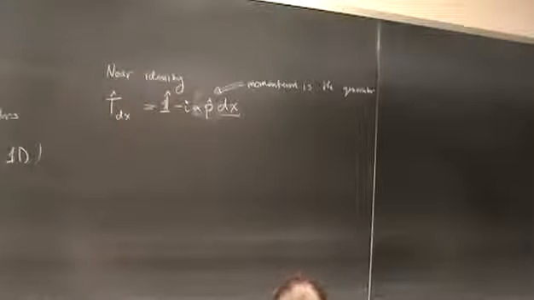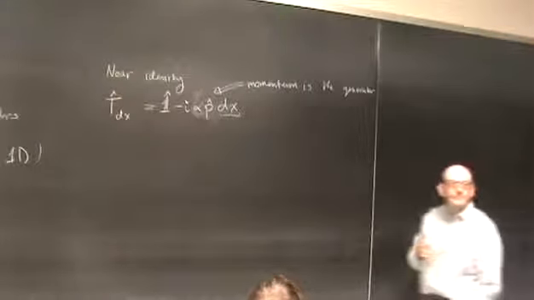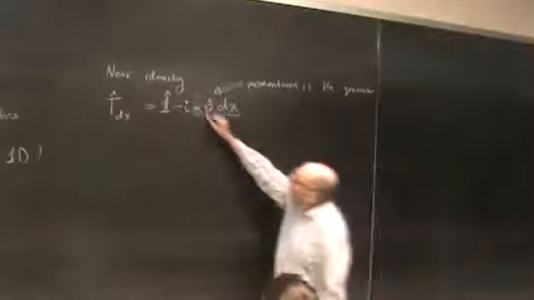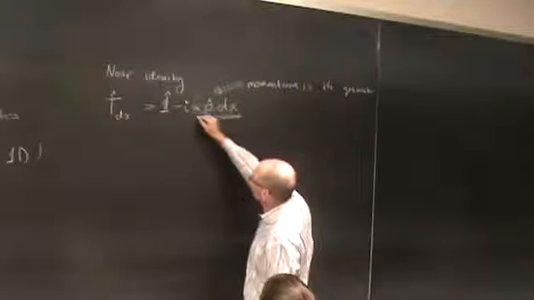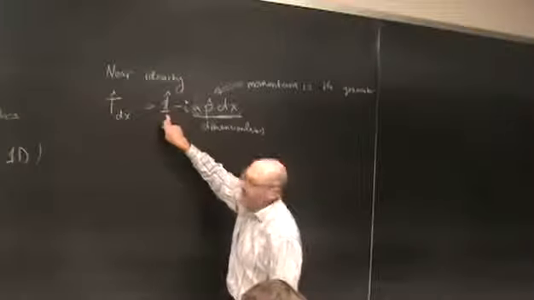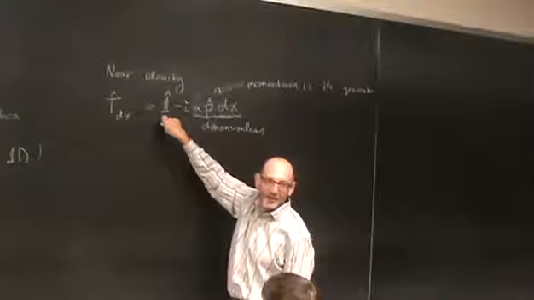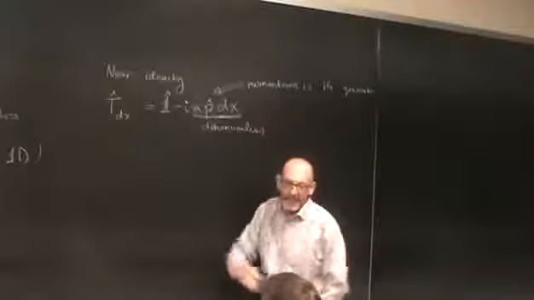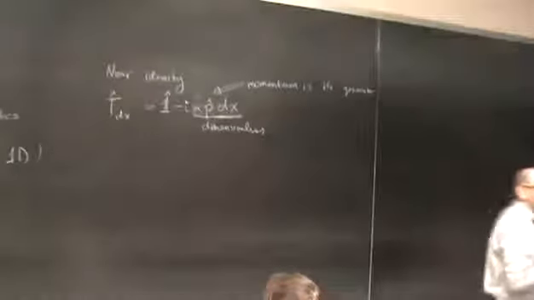And then there's some constant, alpha. Now this whole thing has to be dimensionless. It's just an operator. The identity operator has no dimensions, so this whole thing has to have no dimensions.